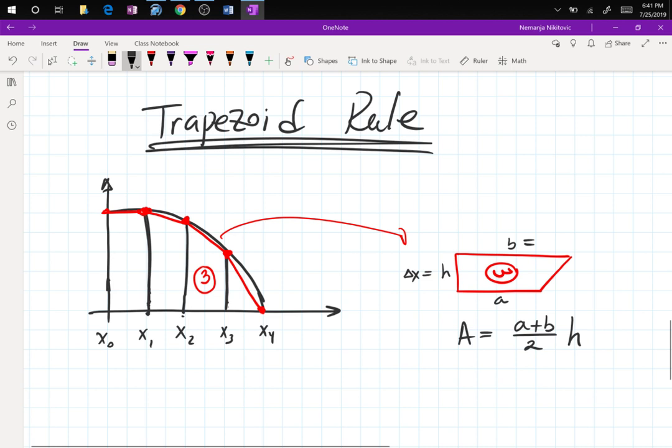Good. B is the height. So what should I have? Why? Look at the picture. I am connecting the sides of the one that I flipped on the side over there. X2. Right? It's f of x2. Good.